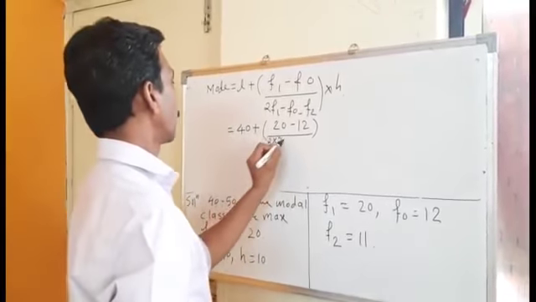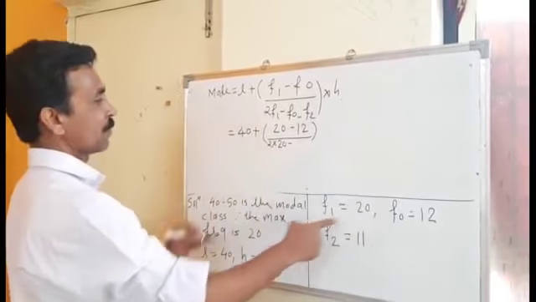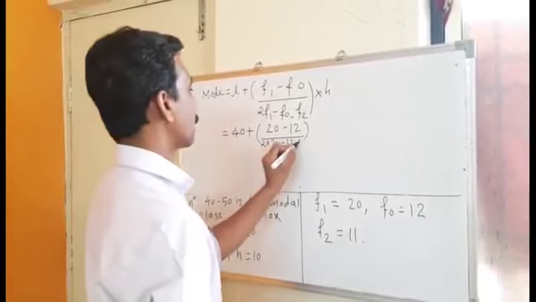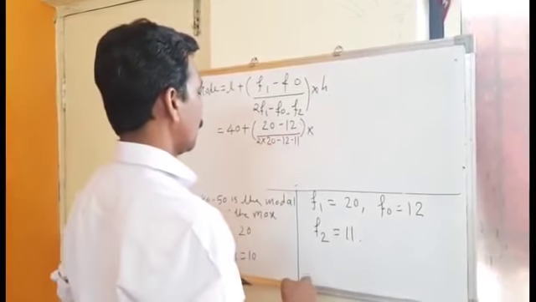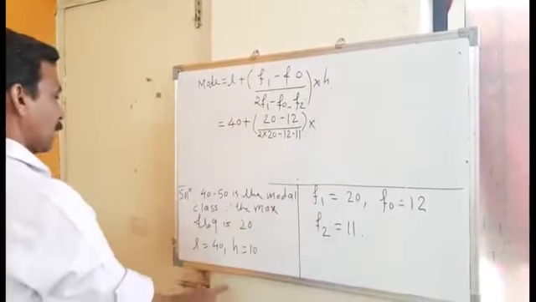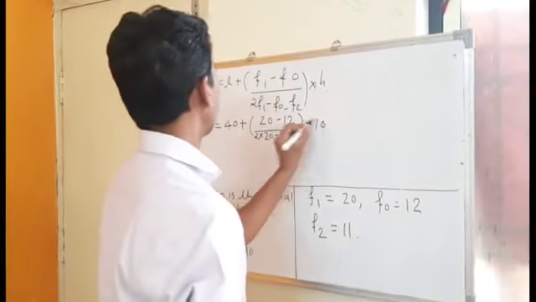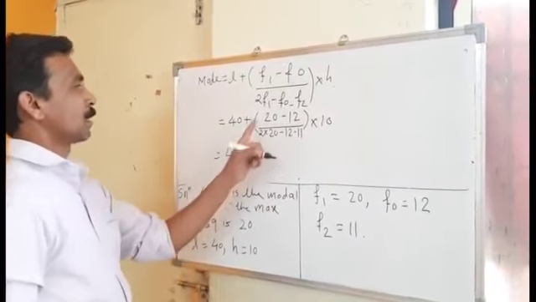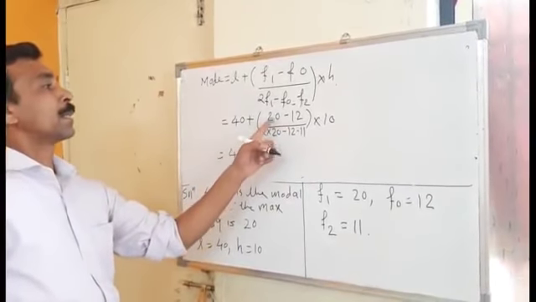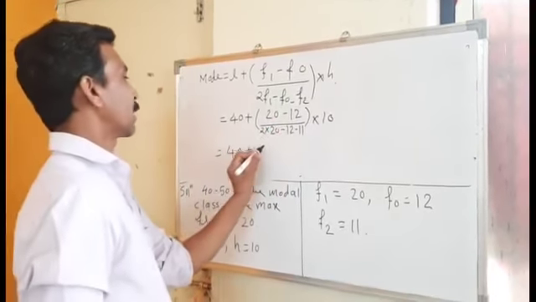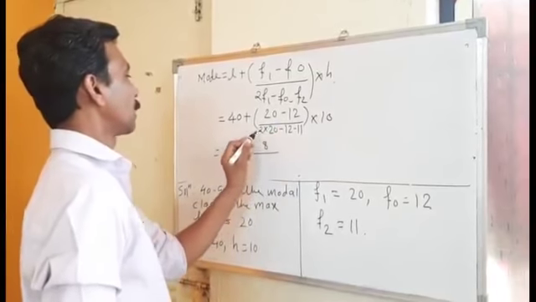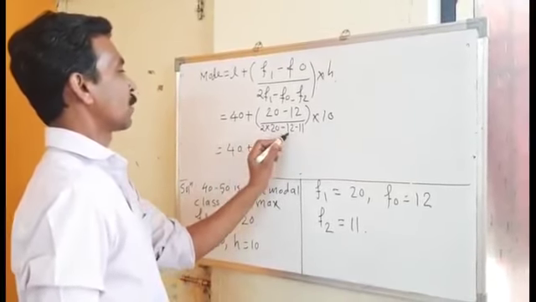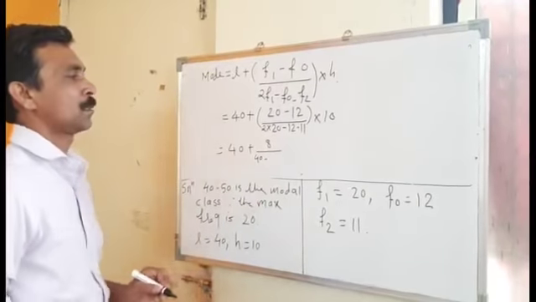into 20 minus F0 is 12 minus F2 is 11, into height is 10, is equal to 40 plus 12 minus 20, minus 12 is equal to 8, upon 20 into 2 is 40, minus 12 minus 11.